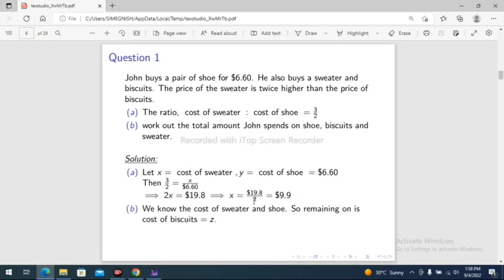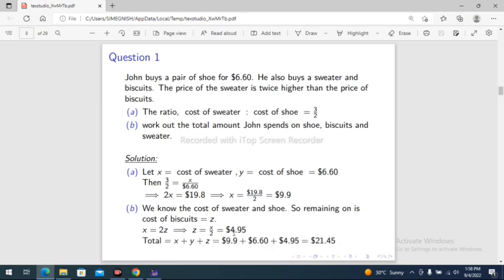To find the cost of the biscuit, let's say the cost of the biscuit is z. We know the price of the sweater is twice the price of the biscuit, that is x equals 2z. To find z, divide both sides by 2, so z equals x/2. 9.90 divided by 2 is $4.95, which is the cost of the biscuit.